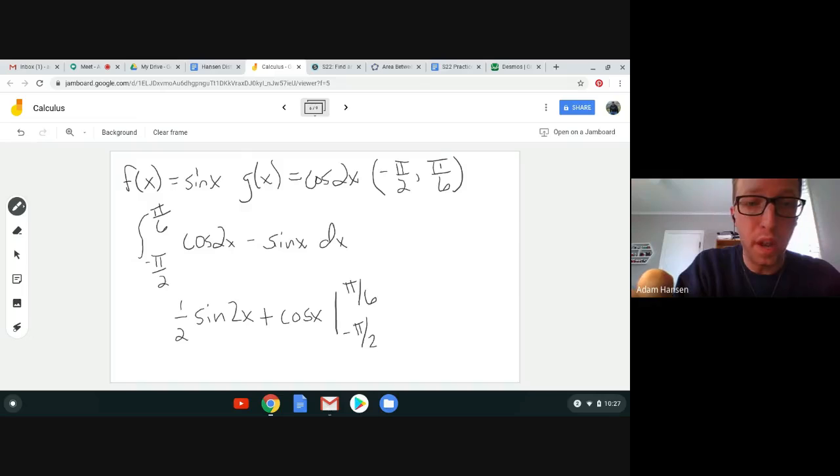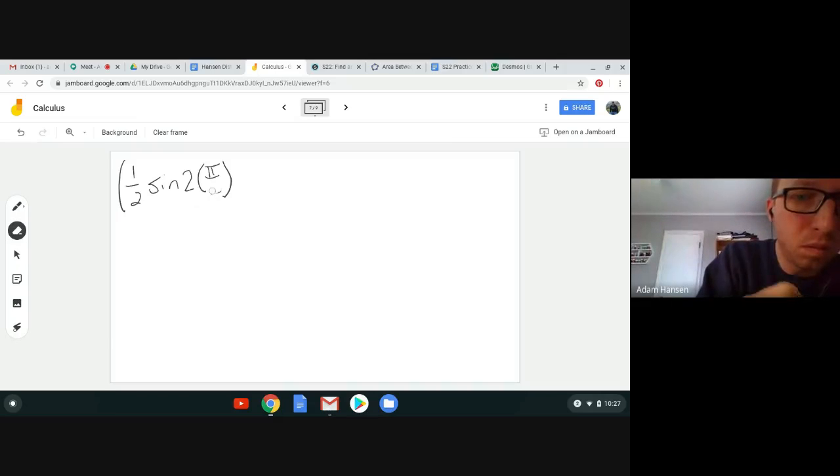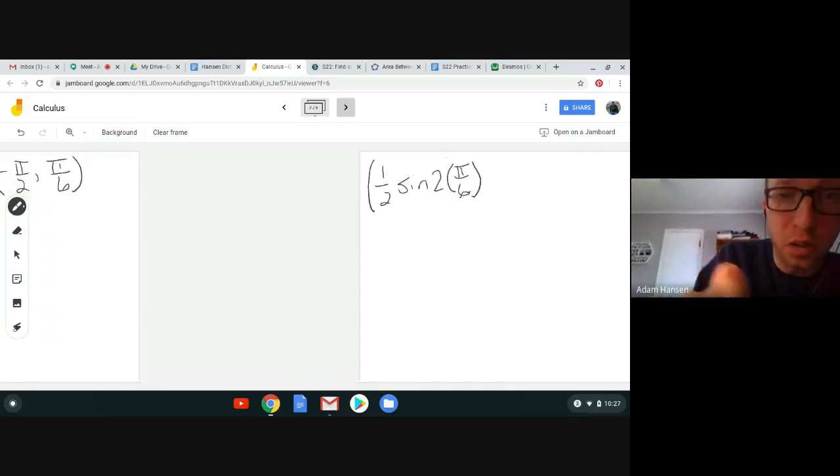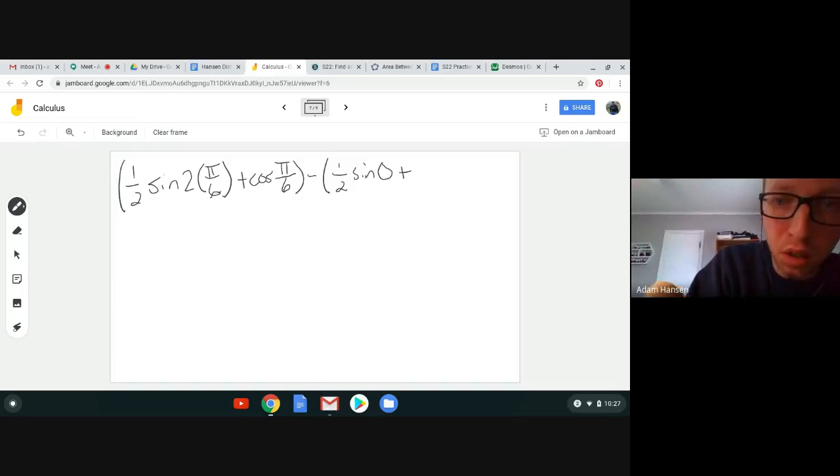So let's see here, 1/2 of sine of 2 times pi over 6, plus the cosine of pi over 6, minus 1/2 of the sine of 2 times 0 is just 0, plus the cosine of 0.